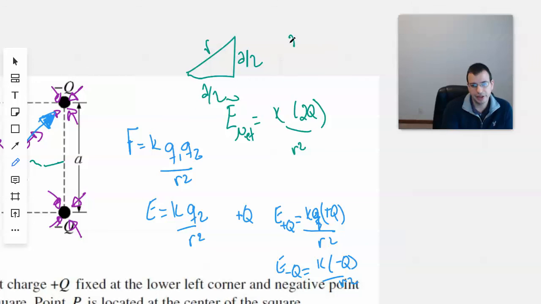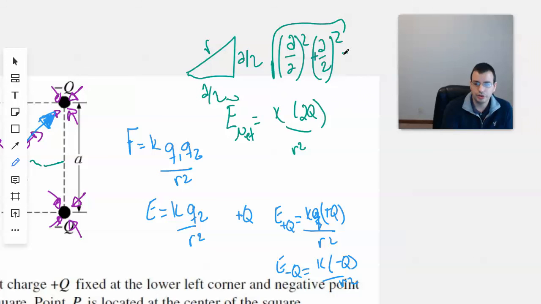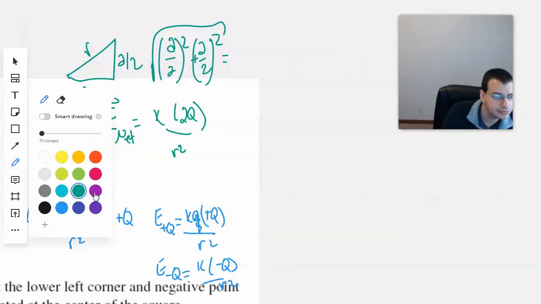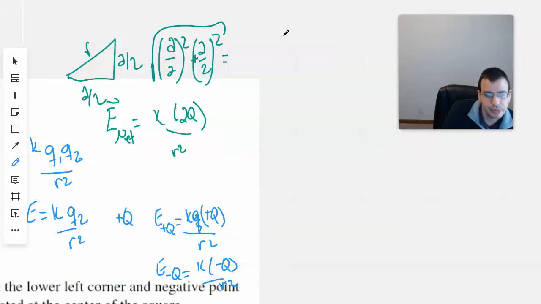And that would be the square root of A over 2 squared plus A over 2 squared, which is the square root of A squared over 4 times 2, which equals A over square root of 2.